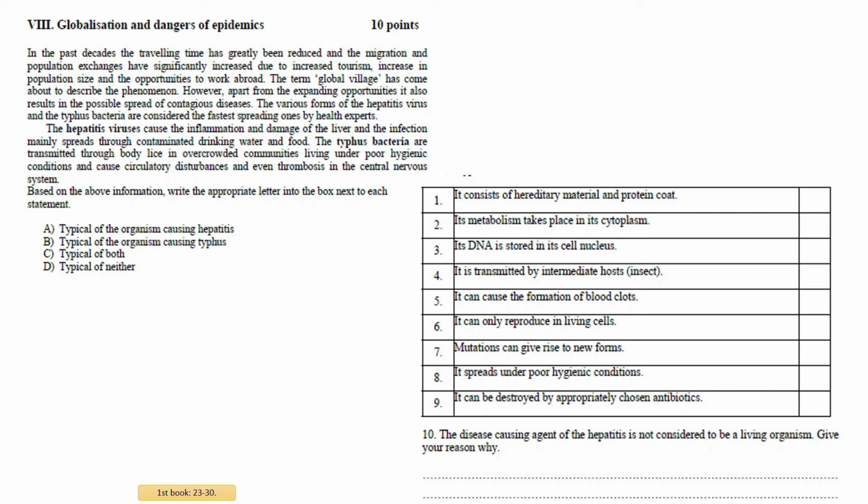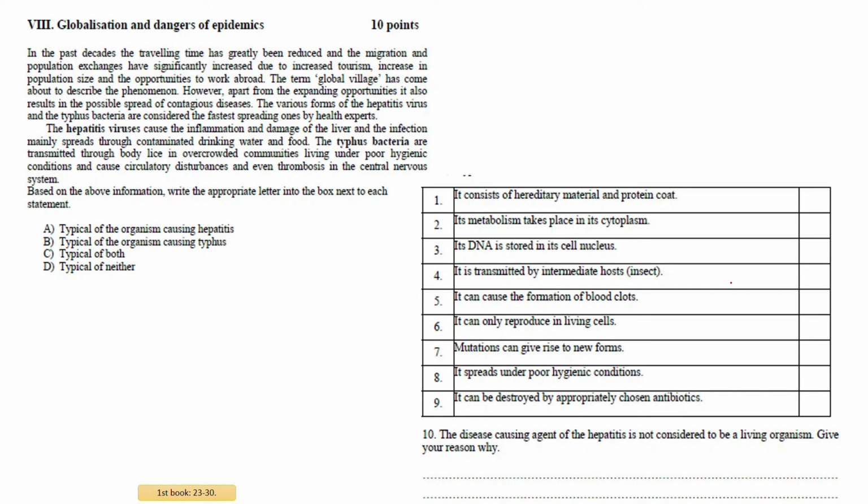The various forms of the hepatitis virus and the typhus bacteria are considered the fastest spreading ones by health experts. The hepatitis viruses cause the inflammation and damage of the liver, and the infection mainly spreads through contaminated drinking water and food. The typhus bacteria are transmitted through body lice in overcrowded communities living under poor hygienic conditions and cause circulatory disturbances and even thrombosis in the central nervous system. Based on the above information, write the appropriate letter into the box next to each statement.